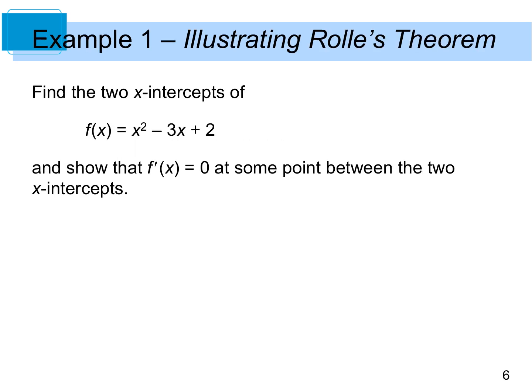For an example, we want to find the two x-intercepts of our function and show that f prime of x is equal to 0. So our derivative equals 0, which means that we have a horizontal tangent line at some point between the two x-intercepts. Let's find our two x-intercepts first. How would I find an x-intercept? Set our function equal to 0.